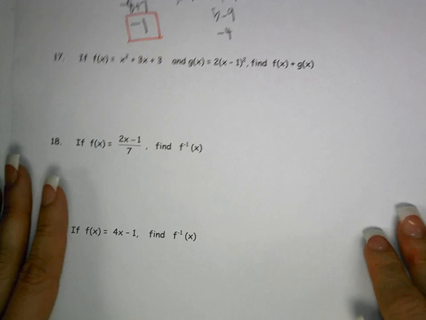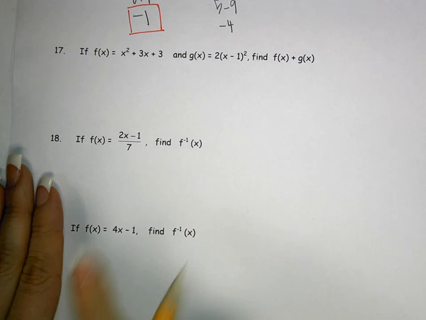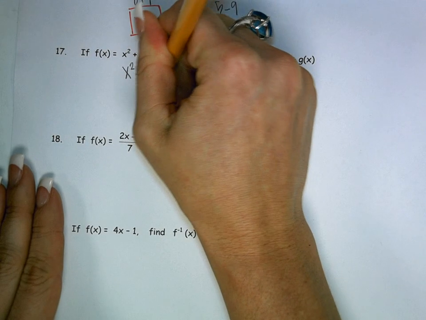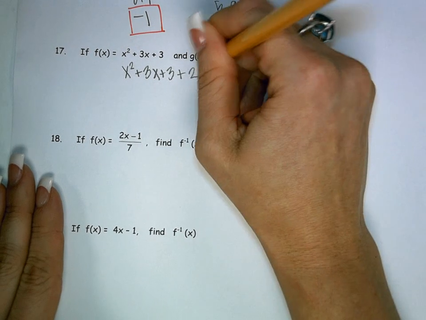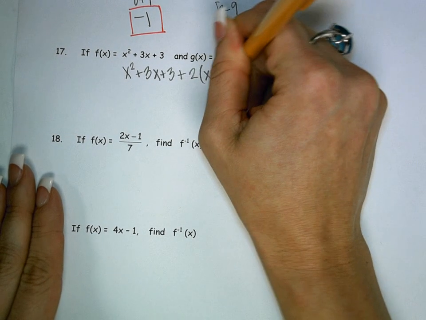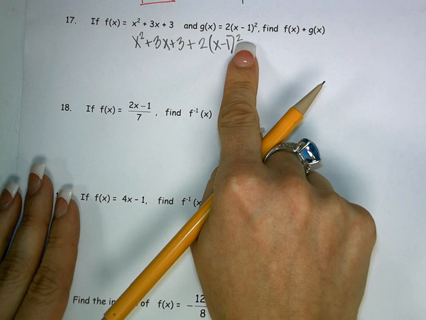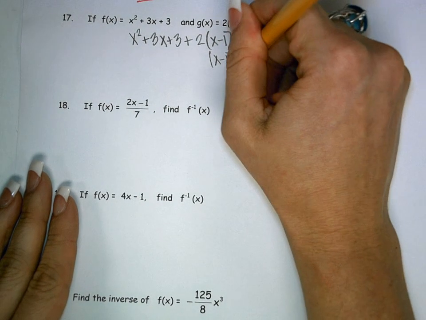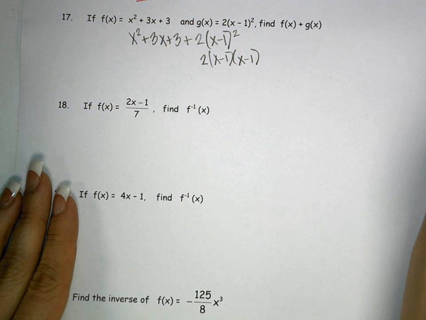For number 17, find f of x plus g of x. So we're just going to add these together. So x squared plus 3x plus 3 plus 2 times x minus 1 quantity squared. According to order of operations, you have to do what's inside the parentheses first and then the exponent. So this is actually going to be x minus 1 times x minus 1 times 2. Okay, so that 2 is still going to be there.